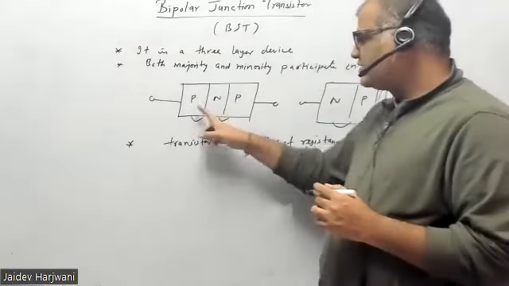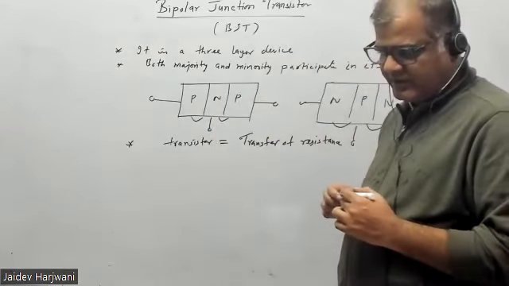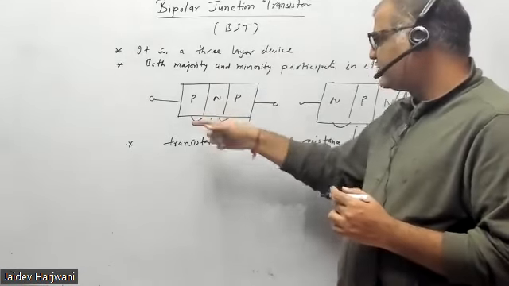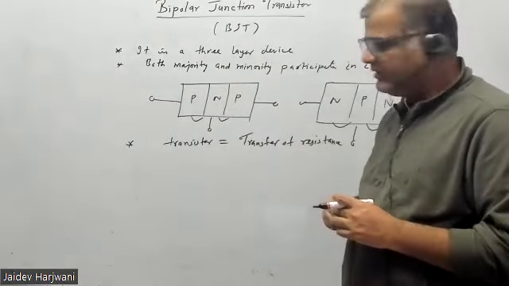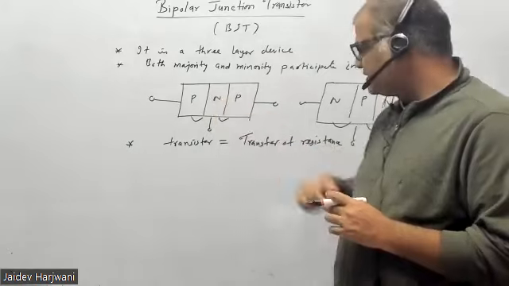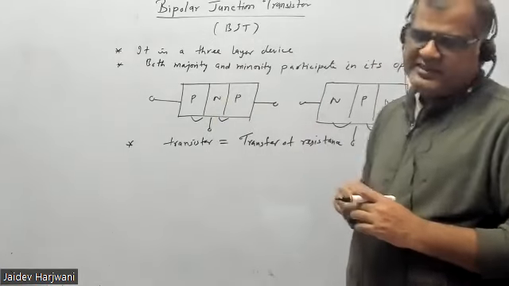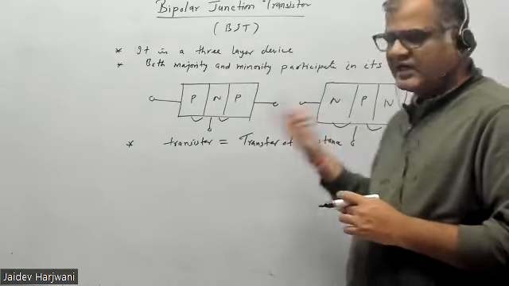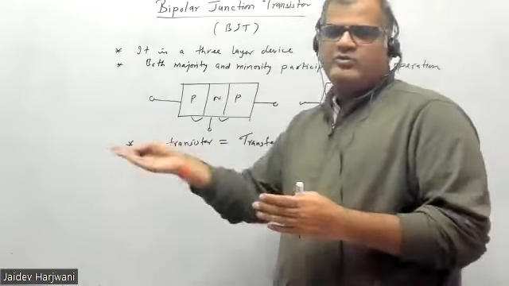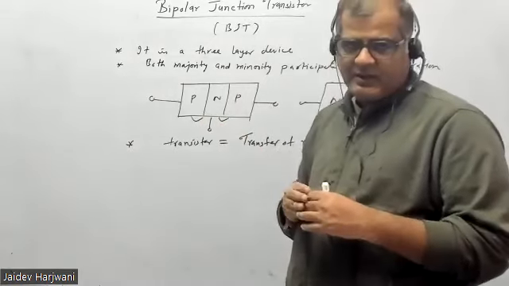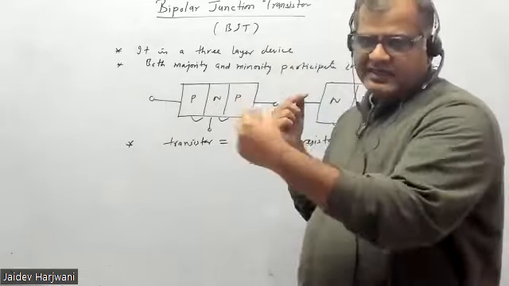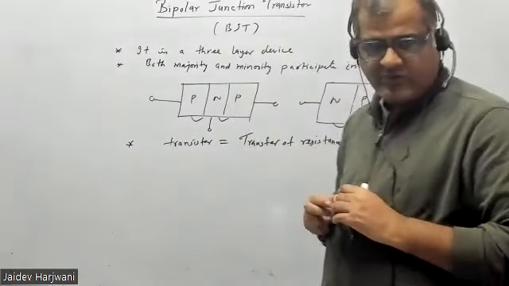Your EB junction is always forward bias; we try to keep it forward bias, especially for amplifier applications, and your CB junction, I will discuss later. So basically input resistance is low and output resistance is high, and if you compare the current at input and output, both are approximately the same. So resistance varies from one side to the other, but input current and output current are almost the same.